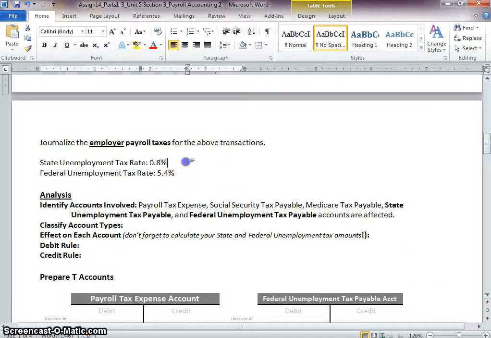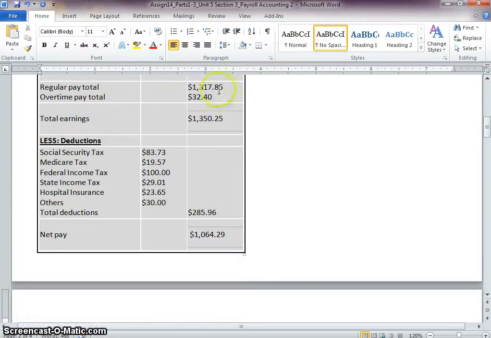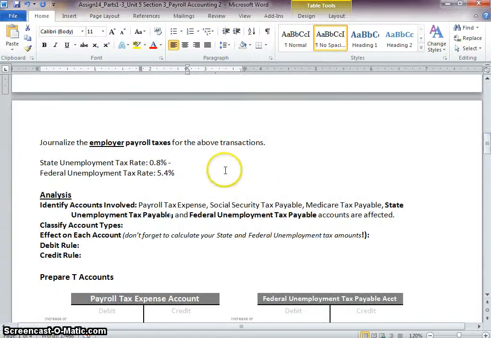I actually give you your rates right here, so I'm going to go ahead and figure out what my amounts are going to be based on these rates, because I'm going to need that information when I go to fill out my T accounts. So what I'm going to do is take our unemployment rates based off of what our total earnings is.